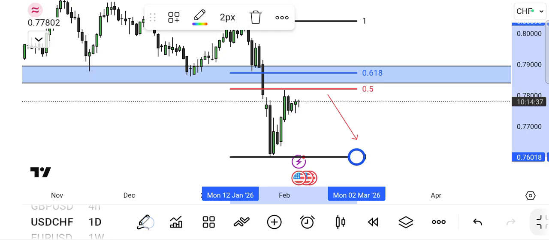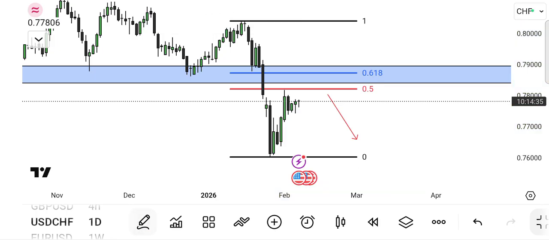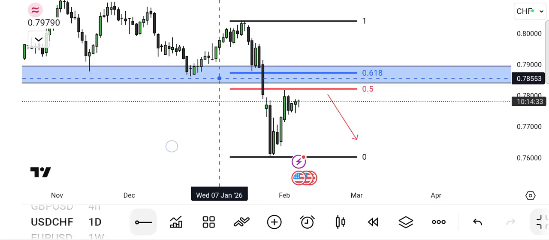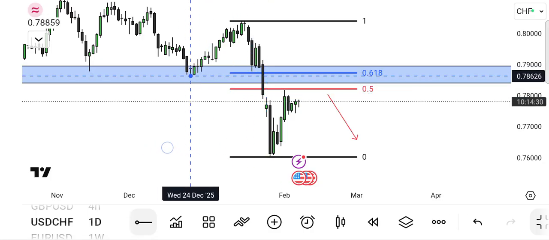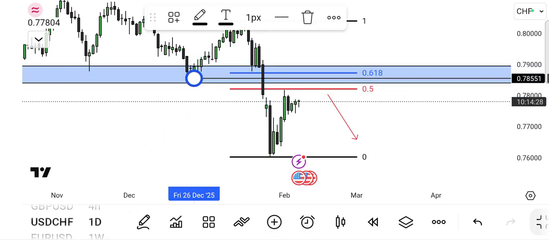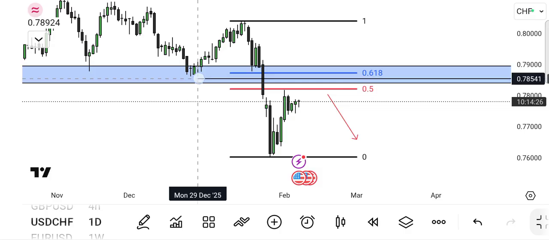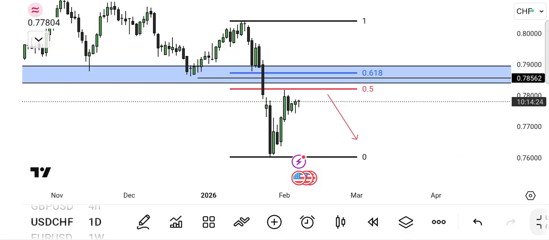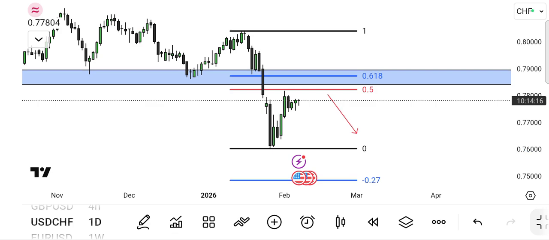So I'll likely want the Fibonacci, the market to pull back to this point, to the middle here. But anyhow, what the market wants to do is still, we are a reactive trader and we only trade according to what the market is giving us, according to what we are seeing.